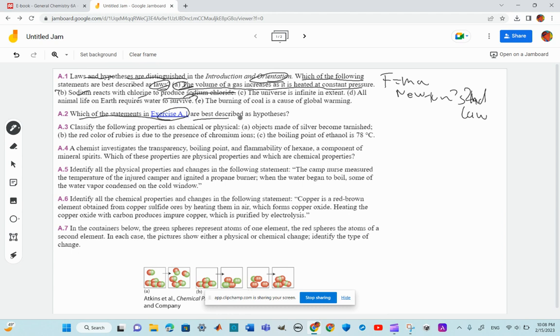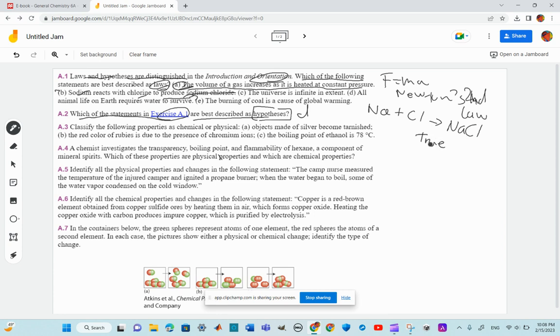Which is the statement exercise 1A are best described and help us what? I guess D. Because this could be proven to be false, while sodium reacts with chloride to produce, which is sodium is Na, I believe, plus chloride, which equals NaCl, is true.